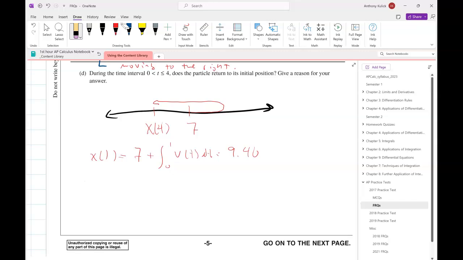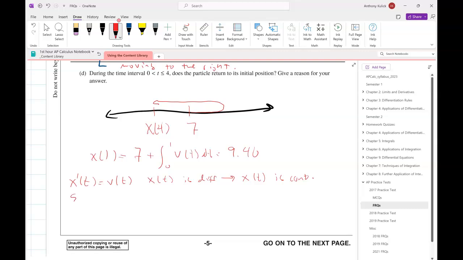In order to use the intermediate value theorem, what do I have to have? Continuity, right? So since the derivative of x is equal to the velocity, x of t is differentiable, which implies x of t is continuous.